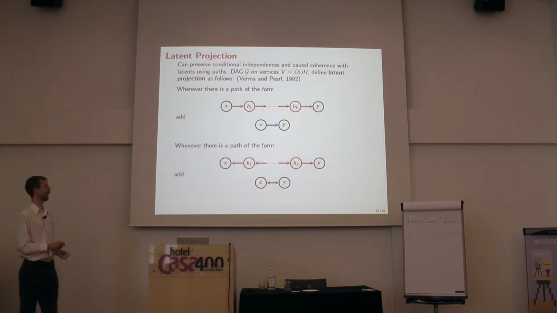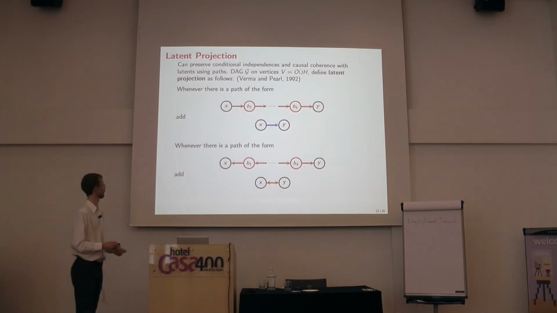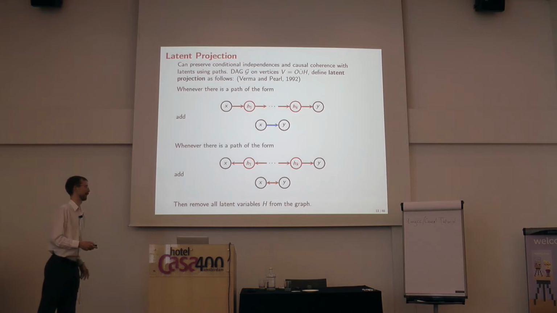And if I have a path between x and y through some latent common cause, so there's a latent common cause with a directed path from there to y and from there to x, then I'll get rid of these latents and put in a bidirected edge between x and y. Then we'll remove all the latent variables from the graph.